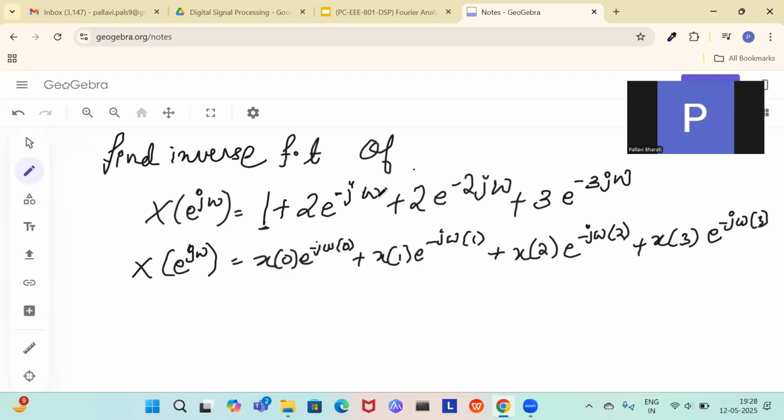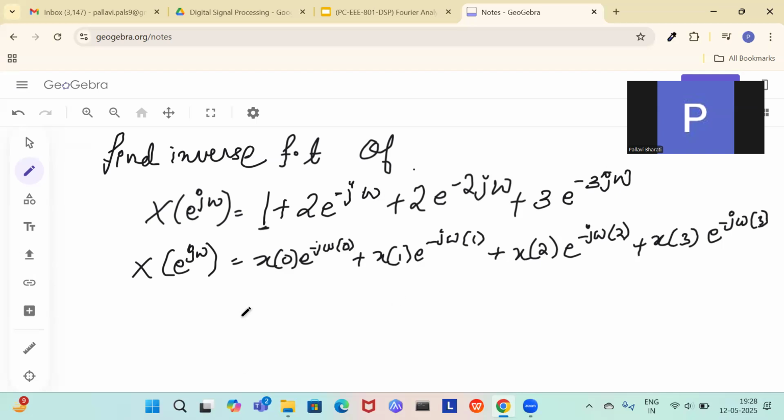Here if you put the value 1, it is going to become e^(-jω), and x1 will become 2. Here you are putting value 2, so it is e^(-2jω). Same way, this is e^(-3jω), and this is 3.